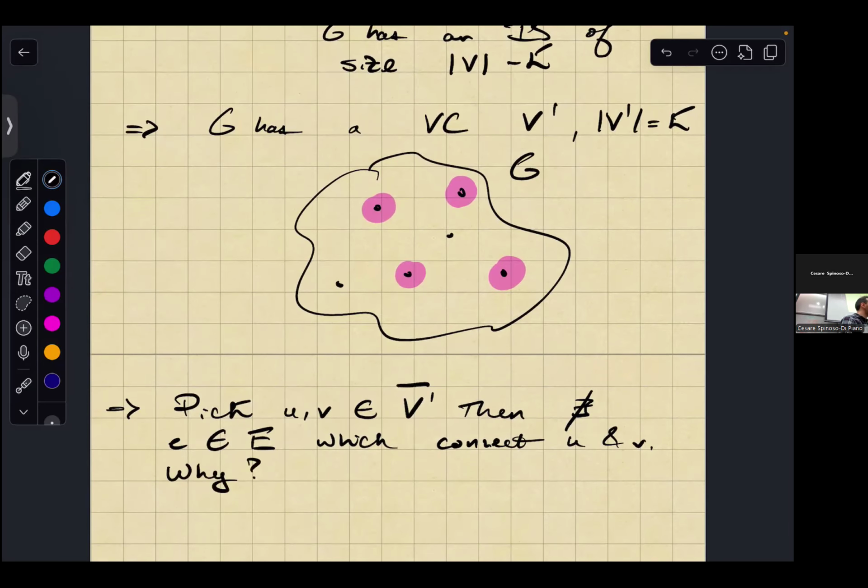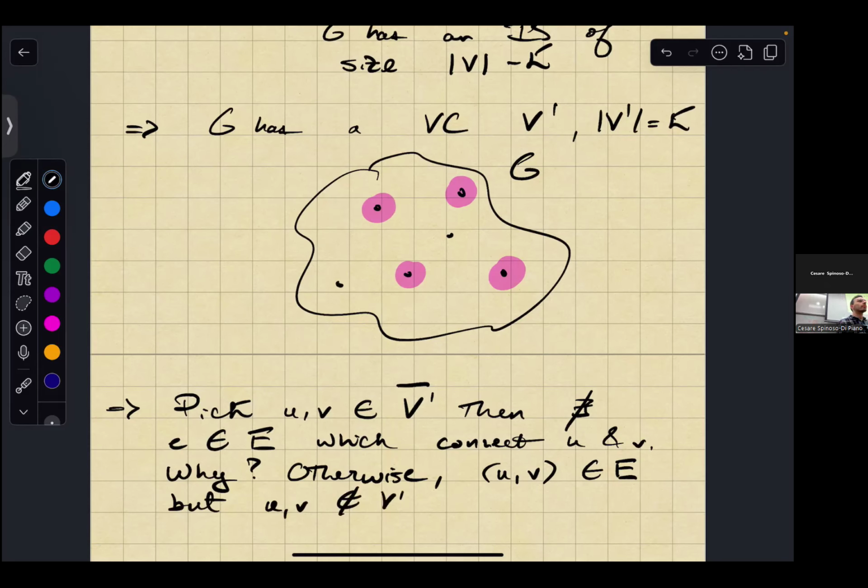Because otherwise, let's assume by contradiction, you would have a connection between U and V. But both of these are not in the initial vertex cover, which means that V prime is an incorrect vertex cover.